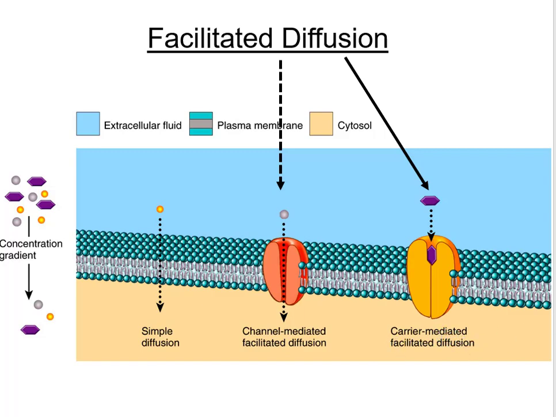For what we do in our course, I'm not going to make a big stink about whether it's channel-mediated or carrier-mediated, because for our purposes, they're essentially the same thing. At the end of the day, you've got a protein here that's going to help you move things from outside to inside. To say it differently, in this case, high concentration to low concentration, which in this picture is outside to inside. So these are facilitated diffusion. Pretty simple and straightforward.